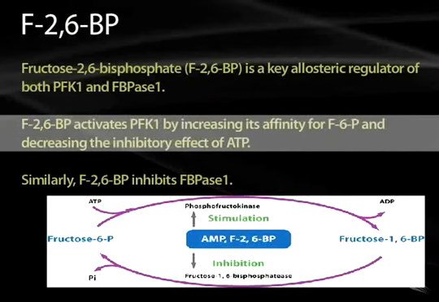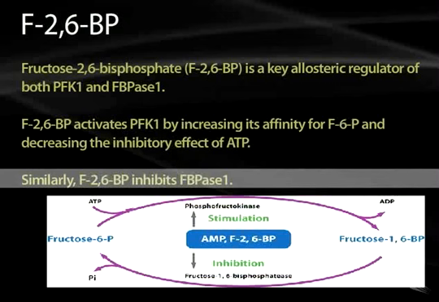Fructose 2,6-bisphosphate activates phosphofructokinase by increasing its affinity for fructose 6-phosphate and decreasing the inhibitory effect of ATP. So when fructose 2,6-bisphosphate levels are high, phosphofructokinase 1 activity is high and glycolysis proceeds. At the same time, fructose 2,6-bisphosphate inhibits fructose 1,6-bisphosphatase 1 such that gluconeogenesis is inhibited when fructose 2,6-bisphosphate levels are high.